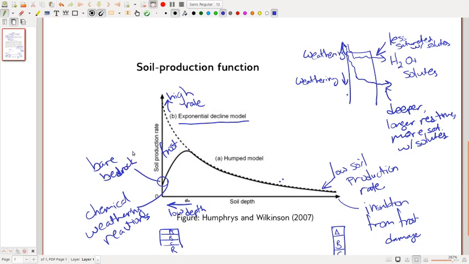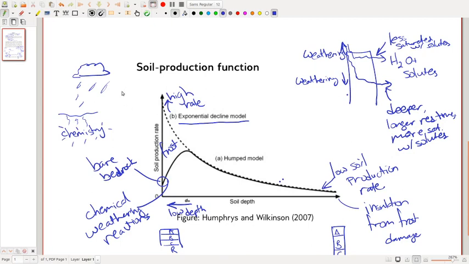So if the rainfall, let's see, I'm going to draw my little cloud here. So if some raindrops fall onto a nice patch of soil, they can soak in and cause chemistry to happen, which means weathering.